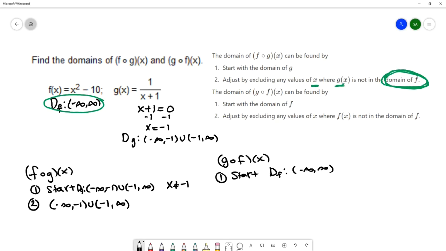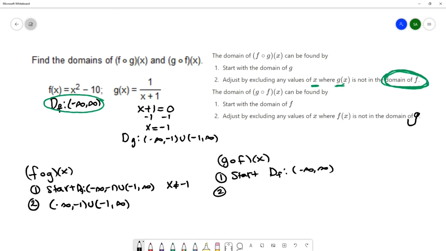We have no restrictions. And then we're going to adjust by excluding any values of x where f of x is not in the domain of g. That should be g, there's a typo there.